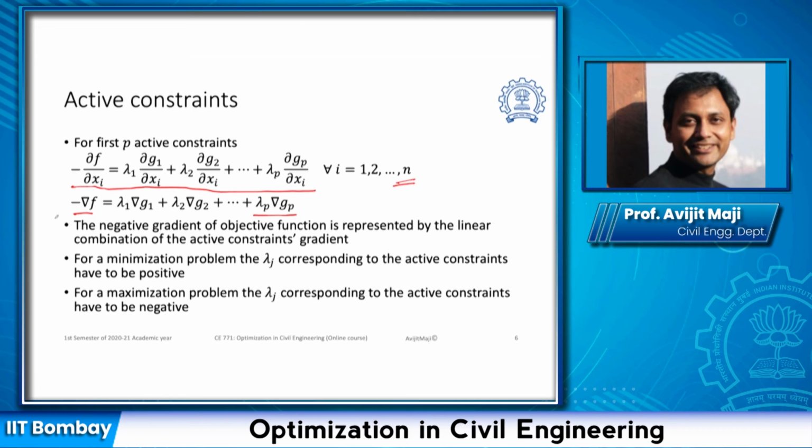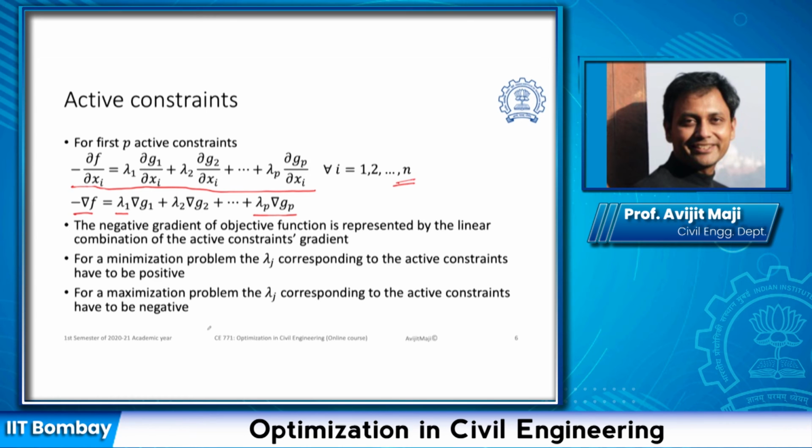And this negative gradient of the objective function is represented by the linear combination of the active constraint gradients. Now in this we'll see that for a minimization problem, the lambdas corresponding to the active constraints are going to be positive.